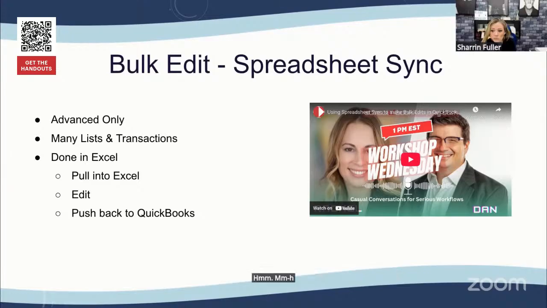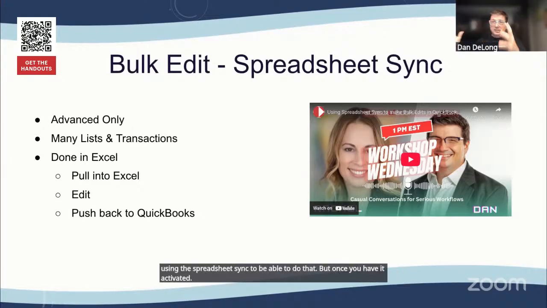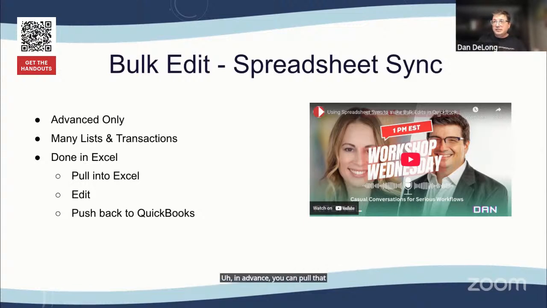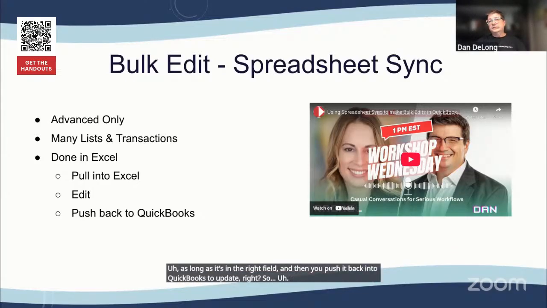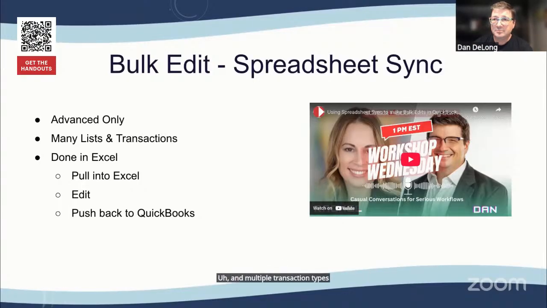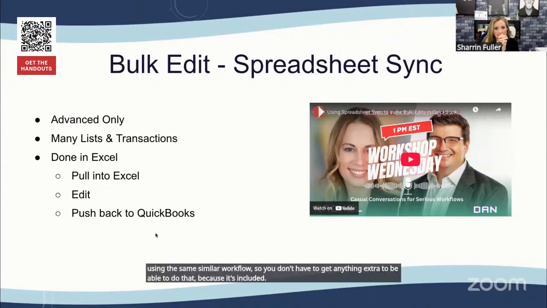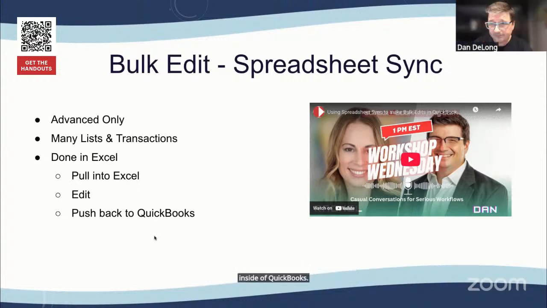Once you have it activated in advanced, you can pull that information into Excel, do your magic in Excel, as long as it's in the right field, and then you push it back into QuickBooks to update, right? So mass editing of customers, vendors, and multiple transaction types at the same time. Well, not at the same time, but using the same similar workflow. So you don't have to get anything extra to be able to do that because it's included inside of QuickBooks. Advanced only though.